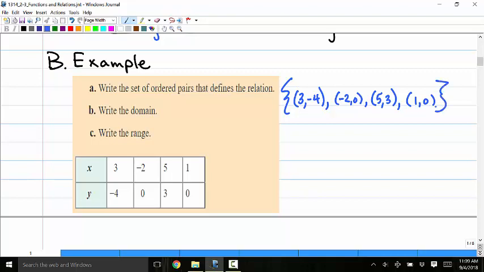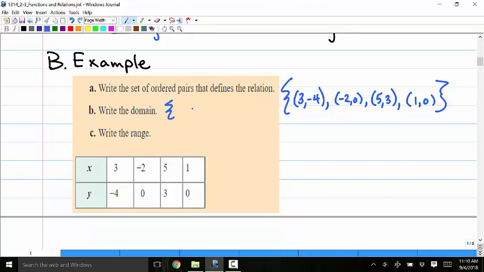Now, whether you're looking at the table of x values or you're looking at all the x's here, what's the domain of that relation? Negative 2, 1, 3, and 5. Good.